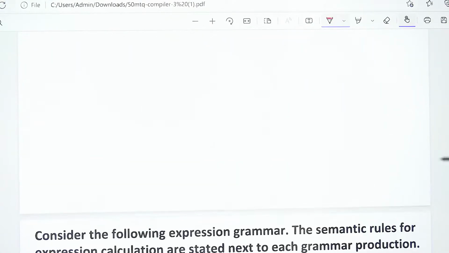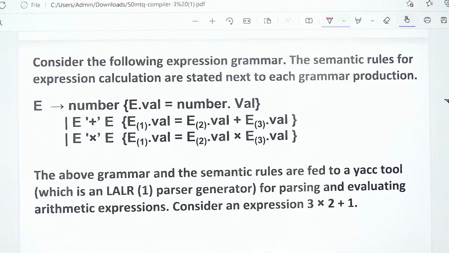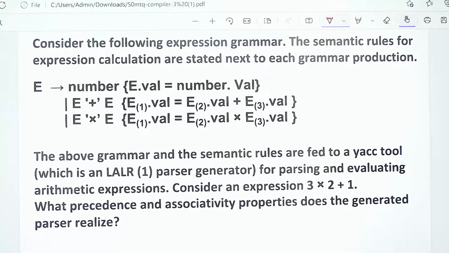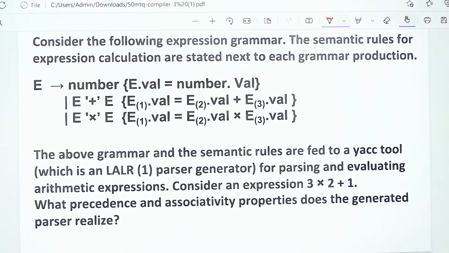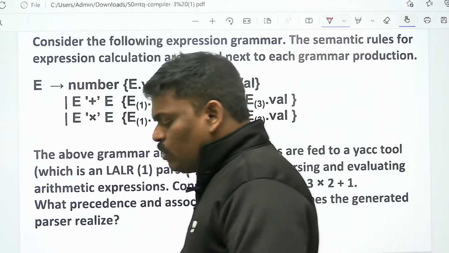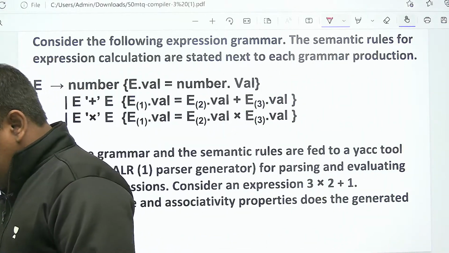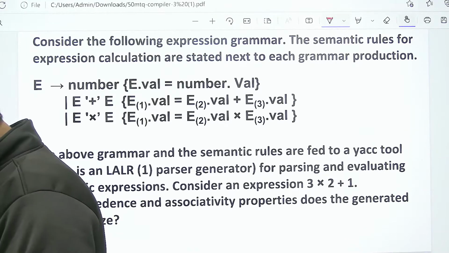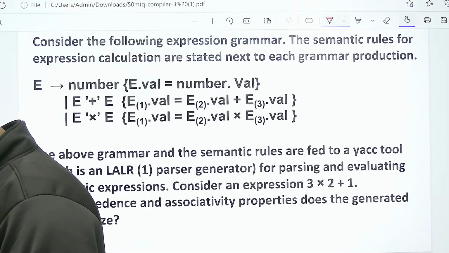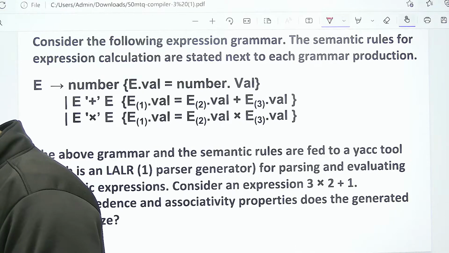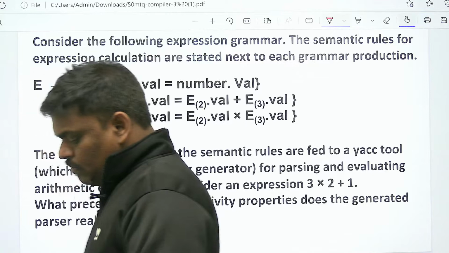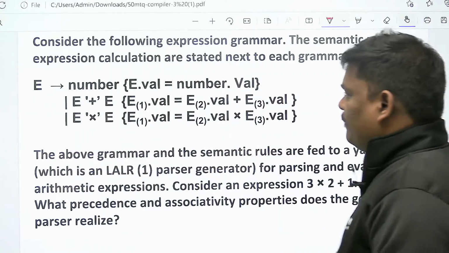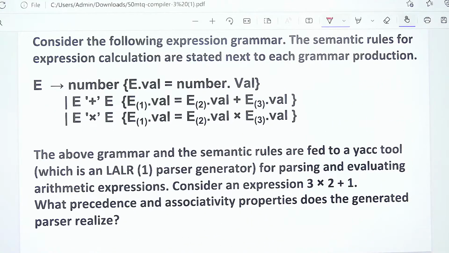Next problem. Can you see this problem? It is a very interesting problem, an extension to the previous problem.